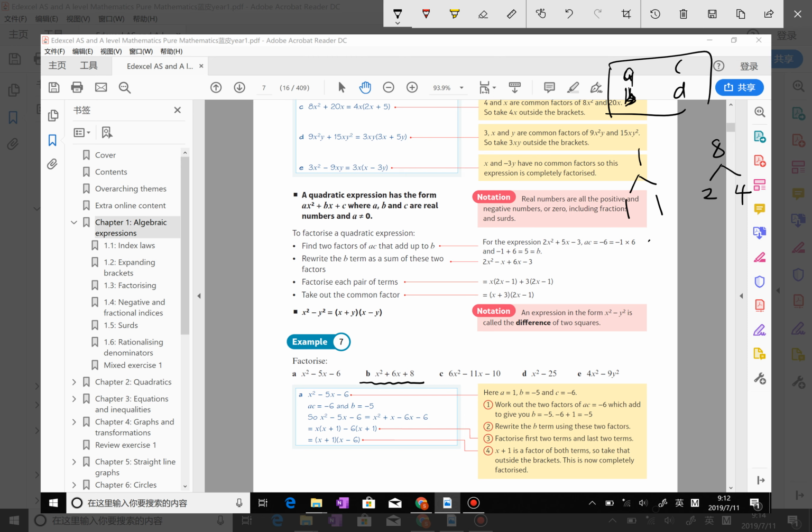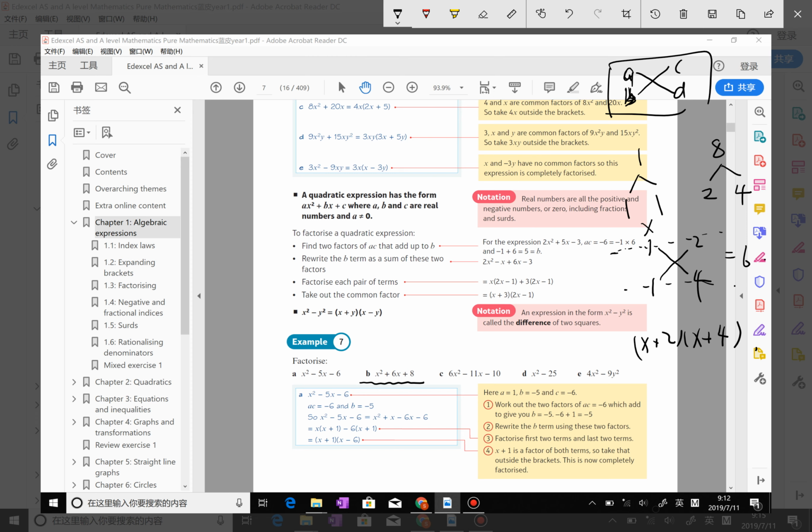And if a times d plus b times c equals the coefficient before x, so 1, 1, 2, 4: 1 times 4 plus 1 times 2 actually equals 6. So if it equals 6, then we could write these as the x term and these as the constant term. We write the expression horizontally, so we have x plus 2 times x plus 4.